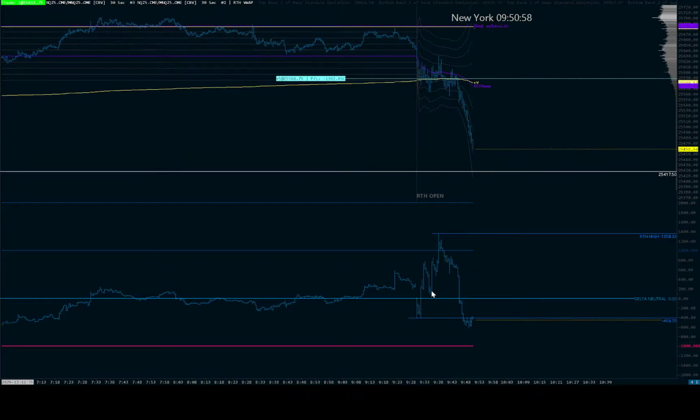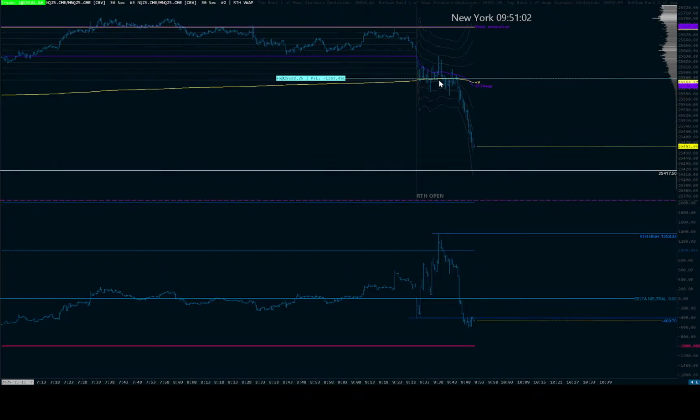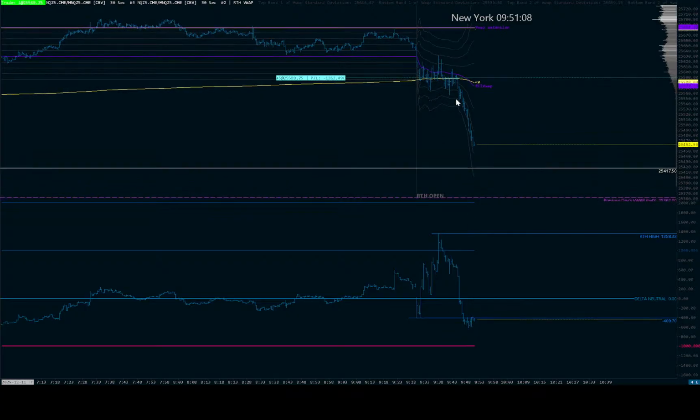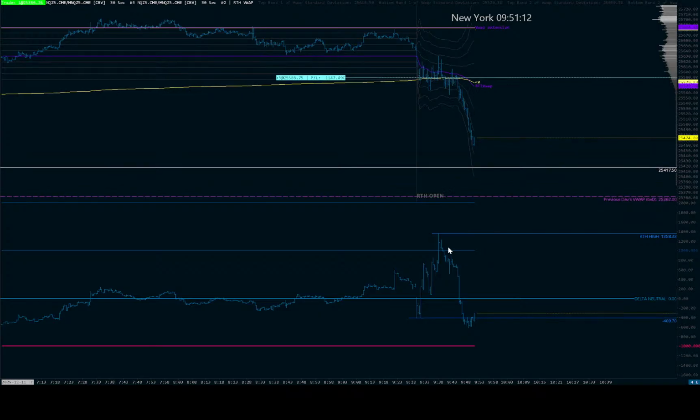RTH opened, aggressive buyers came in, didn't hold it. That's very telling, right? That tells me that the sellers in the market are really leaning on the order book. When I say leaning on the order book, what that means is that when there's aggressive selling coming in, they're backfilling it with limit orders.